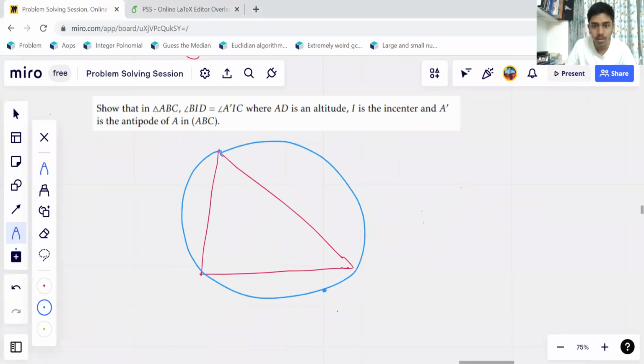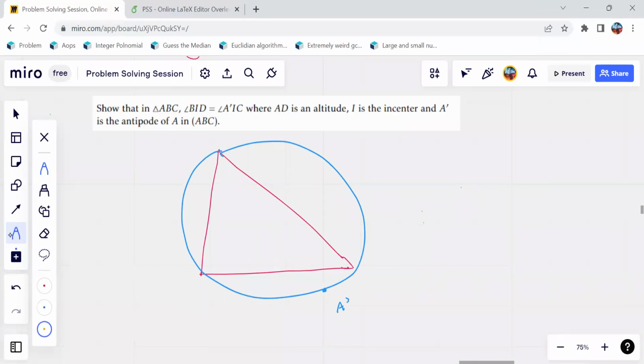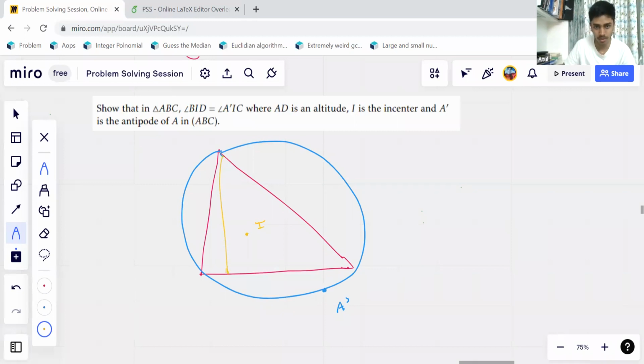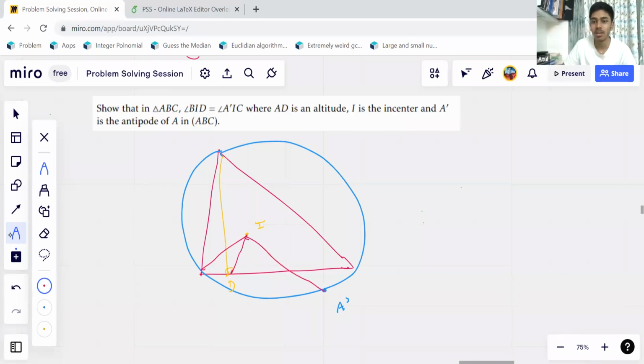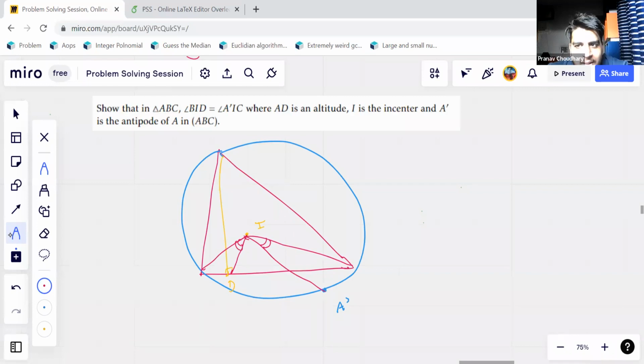We have an antipode, A dash. We have the incenter and we have an altitude. How is this true? These points are not random points, right?